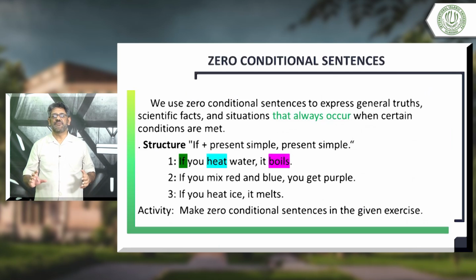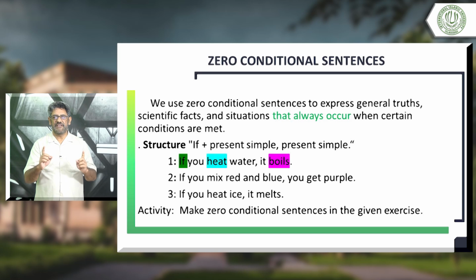I'll try to explain zero conditional in a bit more detail. We use zero conditional sentences to express general truths, scientific truths, and situations that always occur when a certain condition is met. Zero conditional: scientific truths, universal facts, universal truths. So simple, it will always happen like that.